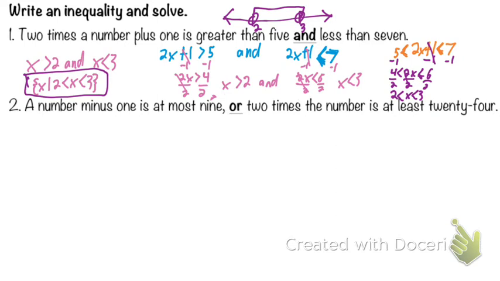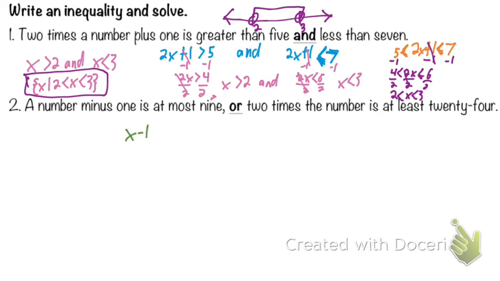In this one, there's only one way to write it, because it's an or one. A number minus 1 is at most 9, or 2 times that number is at least 24. So let's start left to right. A number minus 1, so x minus 1, is at most 9.